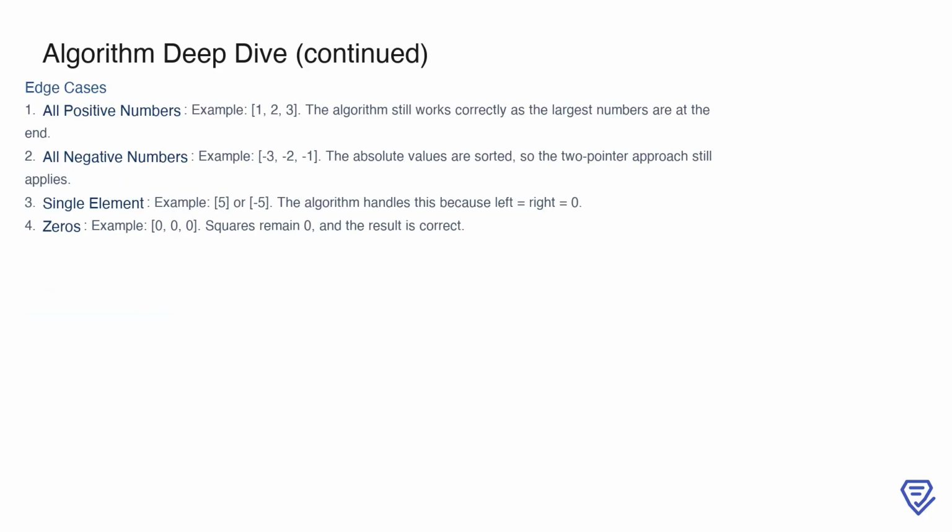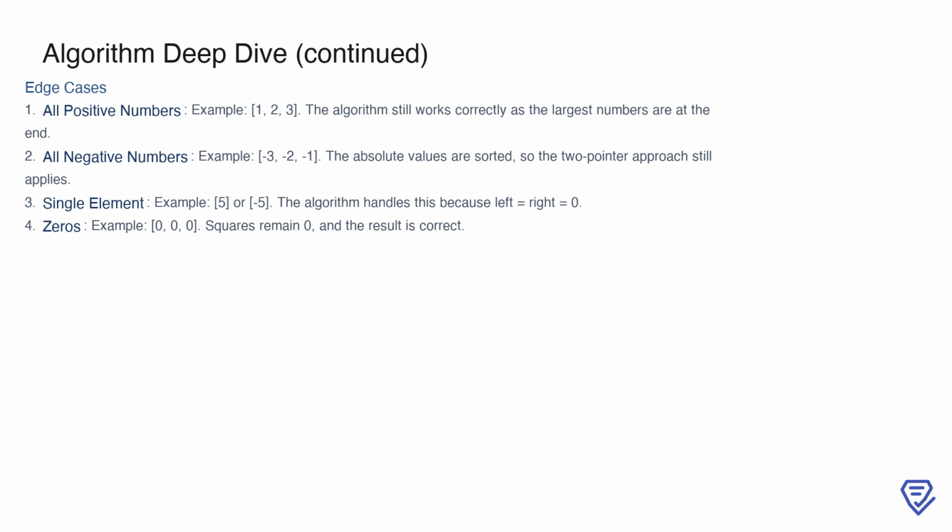Finally, let's consider some edge cases to ensure the algorithm handles all scenarios. If the input contains only positive numbers, such as 1, 2, 3, the largest numbers are already at the end, so the algorithm works as expected. For arrays of only negative numbers, like -3, -2, -1, the absolute values are sorted, so the two-pointer approach still applies.